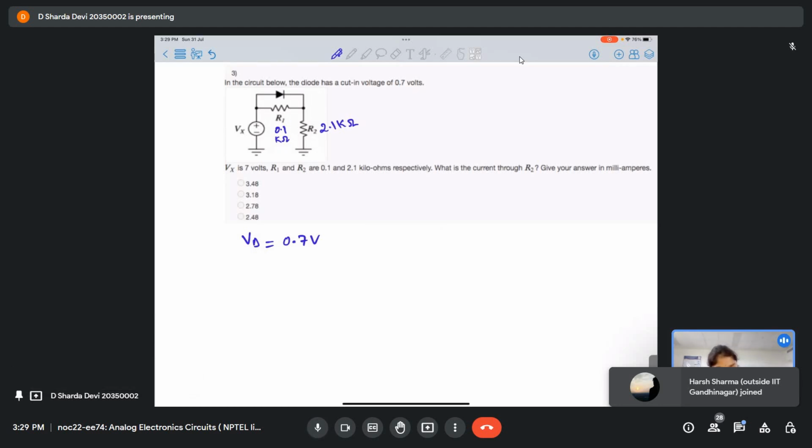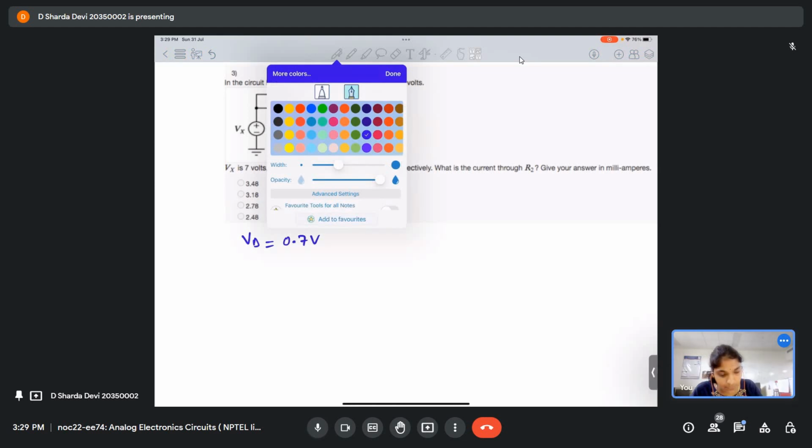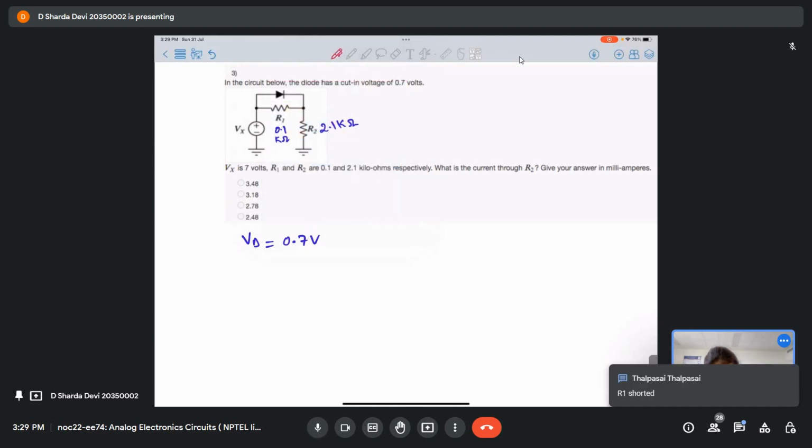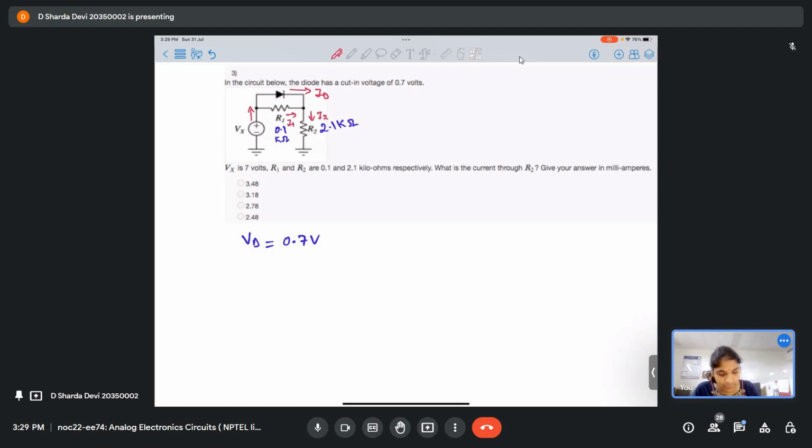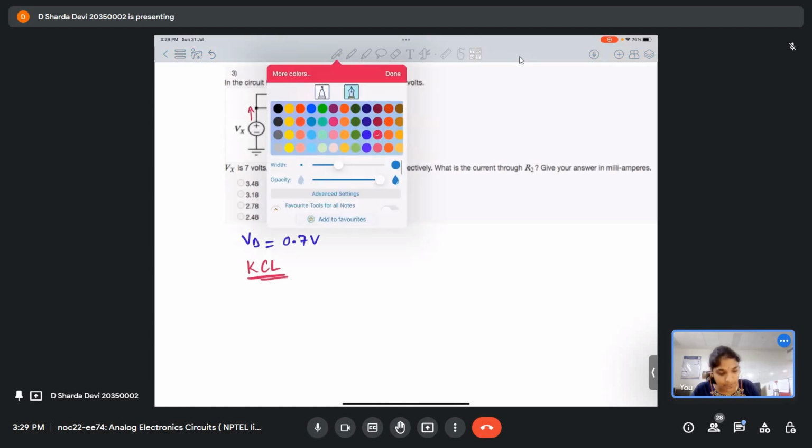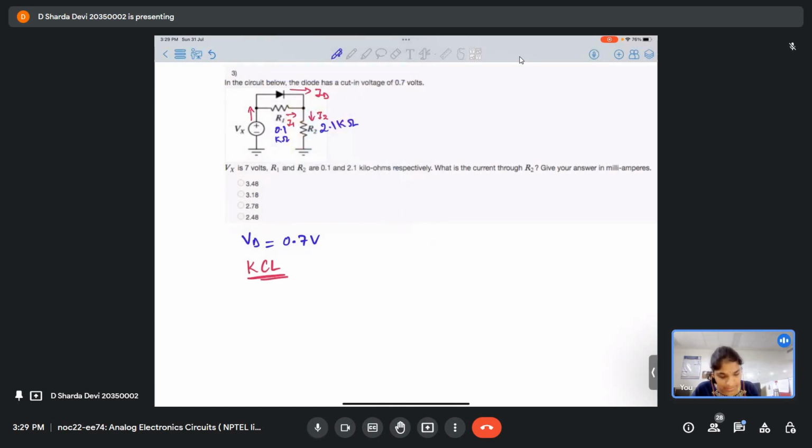So here, the current that is coming from here, let's distribute this as ID, I1 and I2. So by applying KCL, we'll have ID plus I1 as I2.